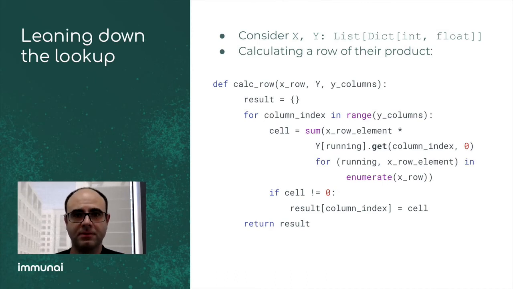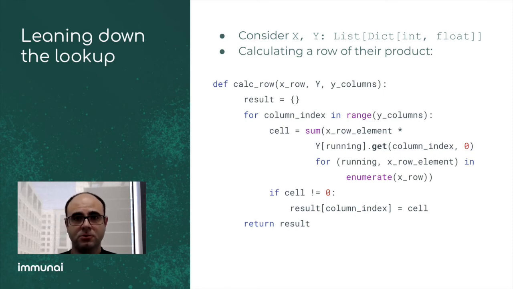How can we get out of that mess? The answer is simple. Our problem in the previous approach was that lookup of an element by column was inefficient. So we could just speed that up.